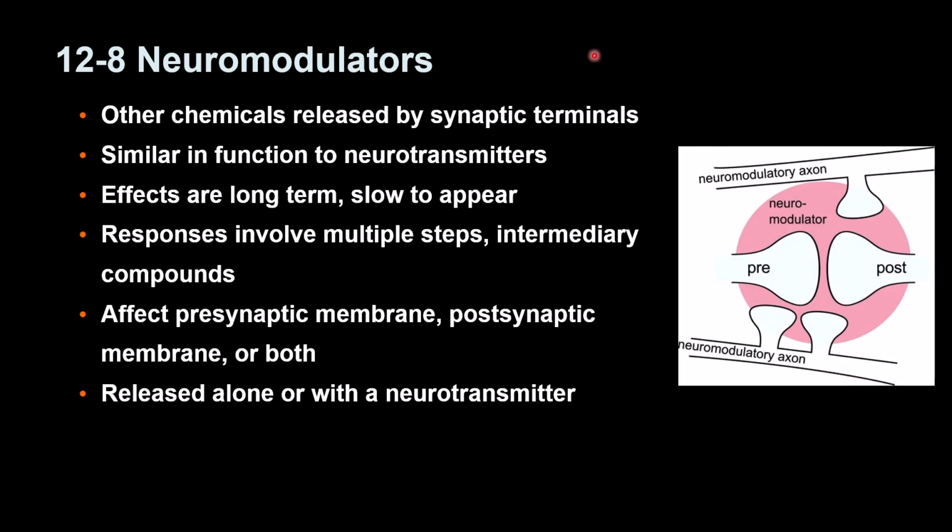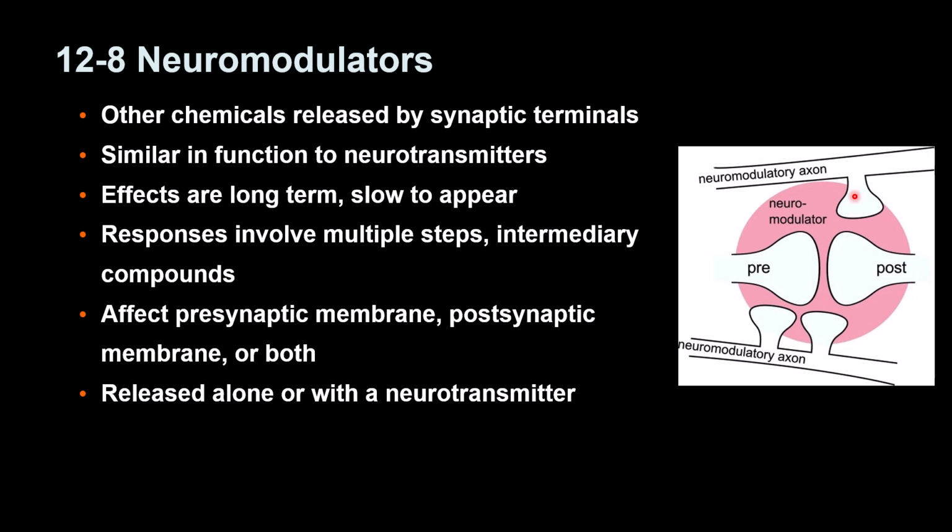There are also neuromodulators. So a neuromodulator can be in a different neuron that will affect another neuron. They are a little bit different from the neurotransmitters because they have to be made. So they are not readily available like neurotransmitters in the vesicles. When they are made, it will take time.